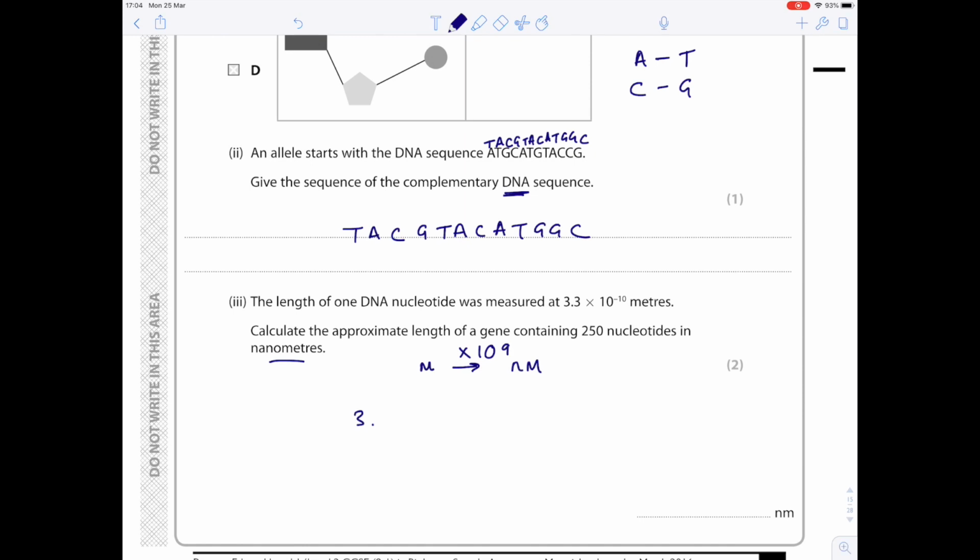So if we have 3.3 times 10 to the minus 10, convert that first into nanometers by doing times 10 to the 9, and then we've got a length of gene which contains 250 of these nucleotides. So that's why we're multiplying by 250. Once you pop that into your calculator, you get a value which is 82.5 nanometers.